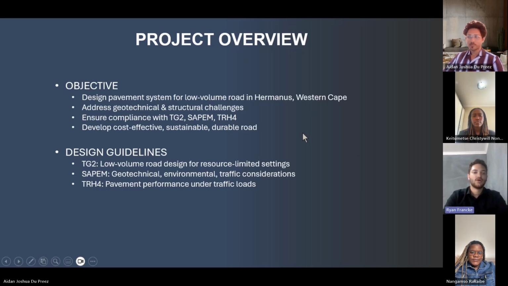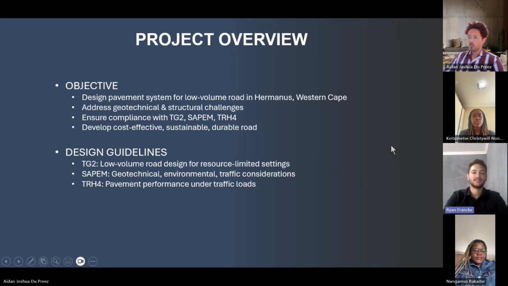For the presentation overview, we'll be looking at the objectives and the design guidelines for this project. For the objectives, the primary goal of this project is to evaluate and design a pavement system that effectively addresses the geotechnical and structural challenges associated with constructing a low-volume road in Hermanus, Western Cape.